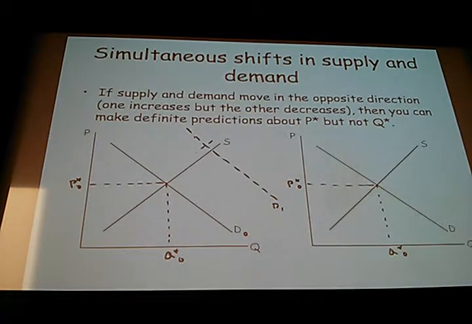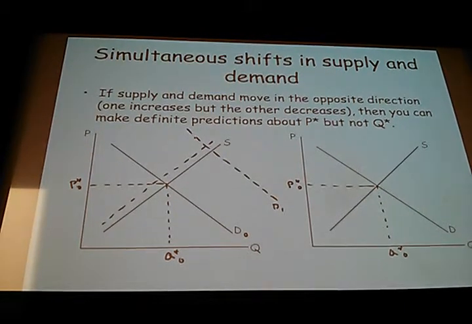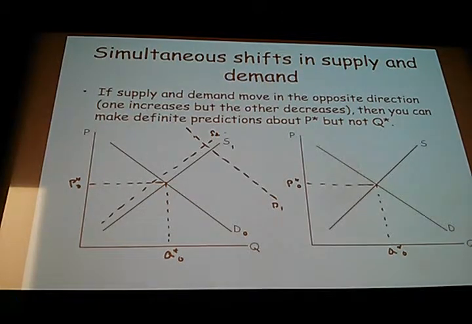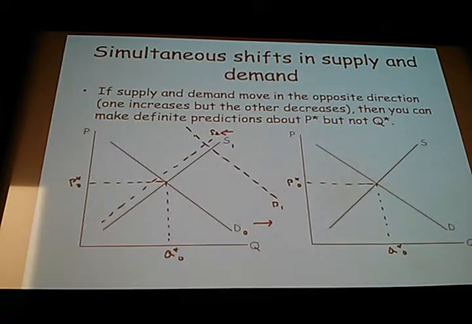So supply decreases by a little bit, and demand increases by a lot. So again, we have this shift back in supply and this increase in demand.